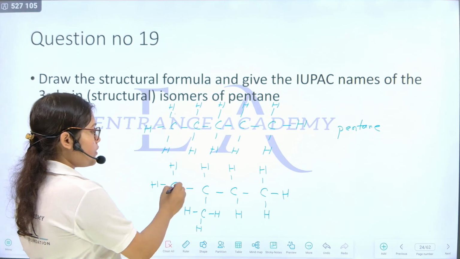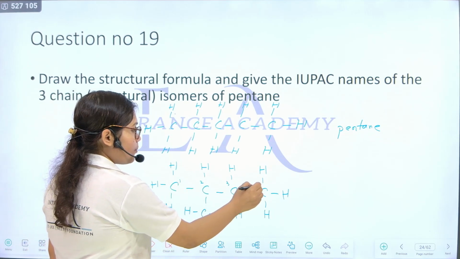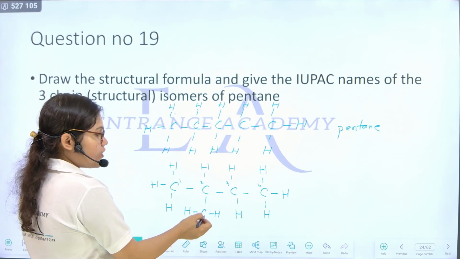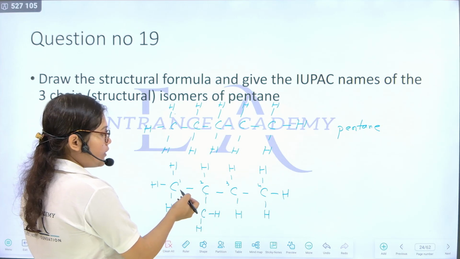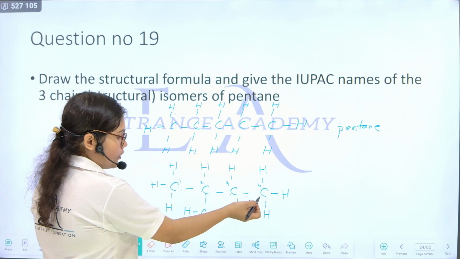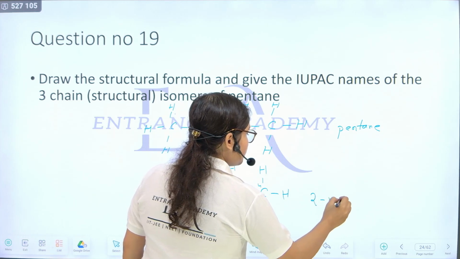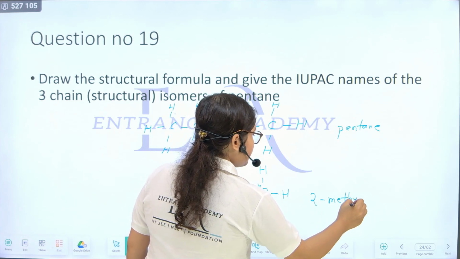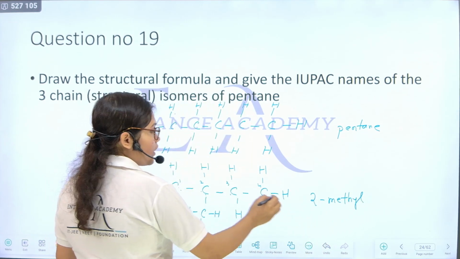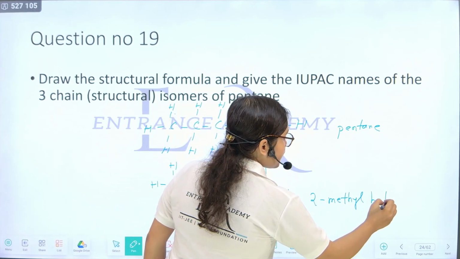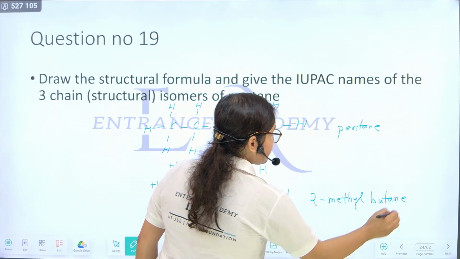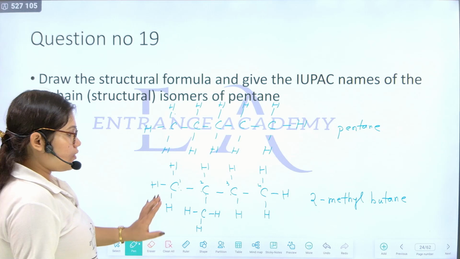The naming is, if the numbering is like this, then the methyl group is present at the second carbon, and the root word is methane, ethane, propane, butane. So 2-methyl butane. Butane is the root word. This is the second isomer of pentane.